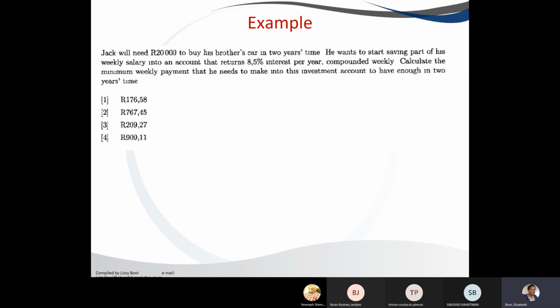What are we given? Jack will need. So since they say will need, then this is the future value of what he will need in future. It's not the present value.